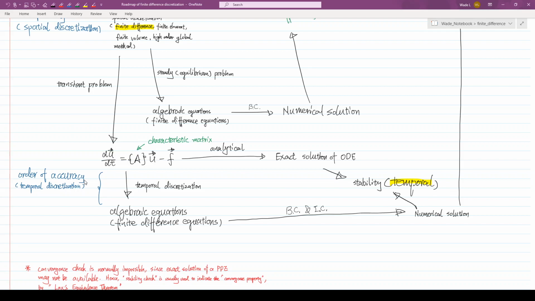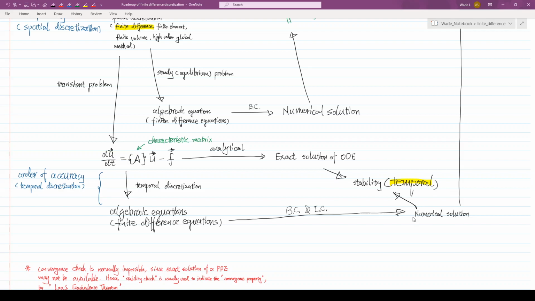After the application of temporal discretization, we finally have a set of finite difference equations for the original partial differential equation. To solve these finite difference equations for a transient problem, we need to impose both the boundary conditions and the initial conditions to obtain the numerical solution using linear algebra.